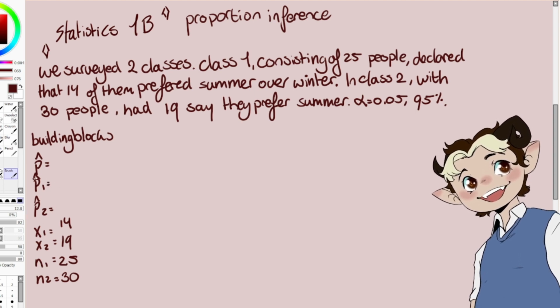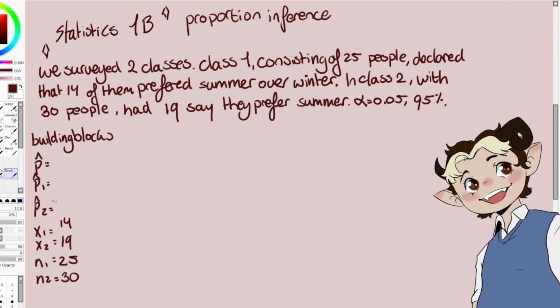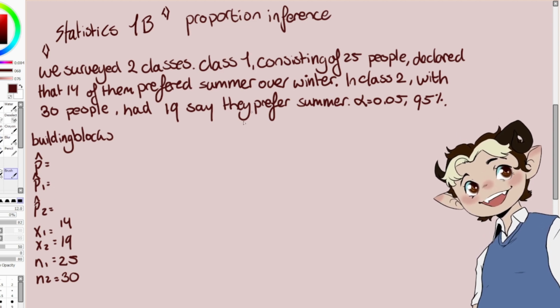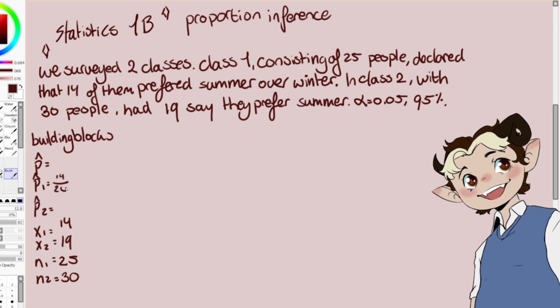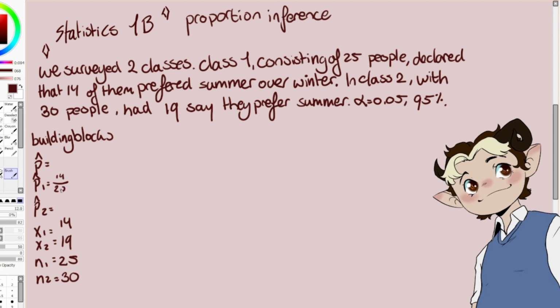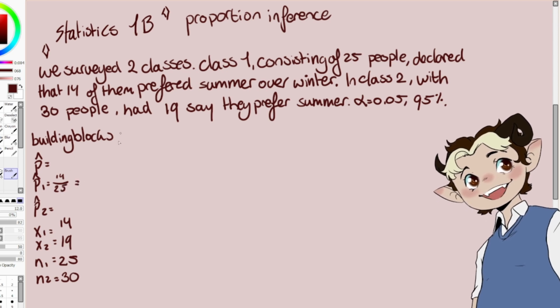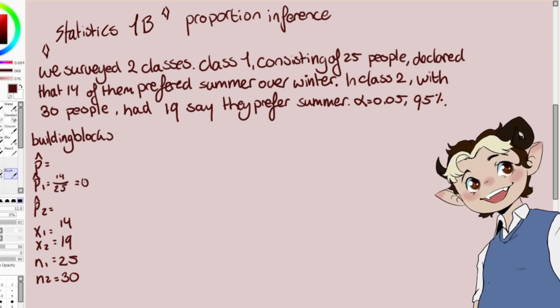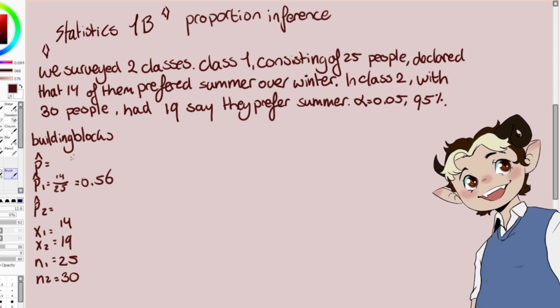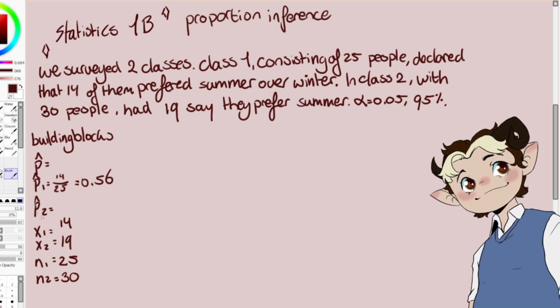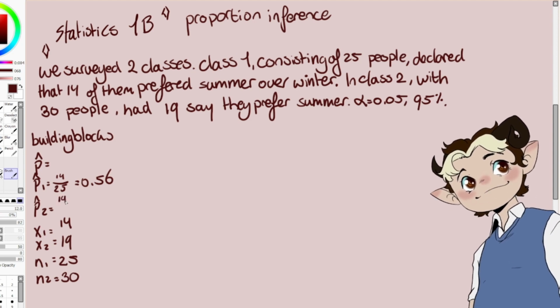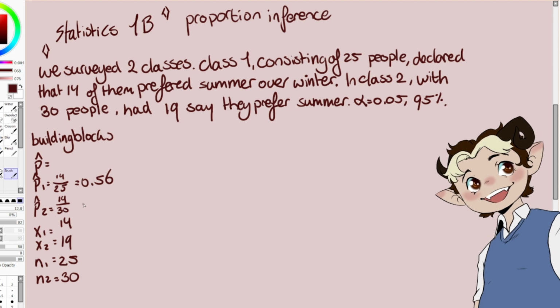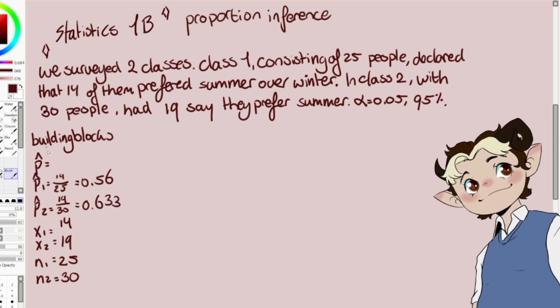So let's first start with just the p hat 1. That is the proportion for class 1, which is 14 divided by 25, which gives us 0.56. And let's do that again for our proportion for class 2, which is 19 divided by 30, which gives us 0.633.